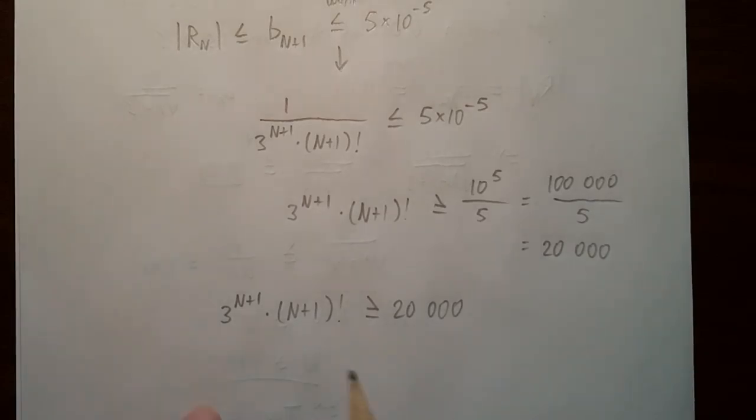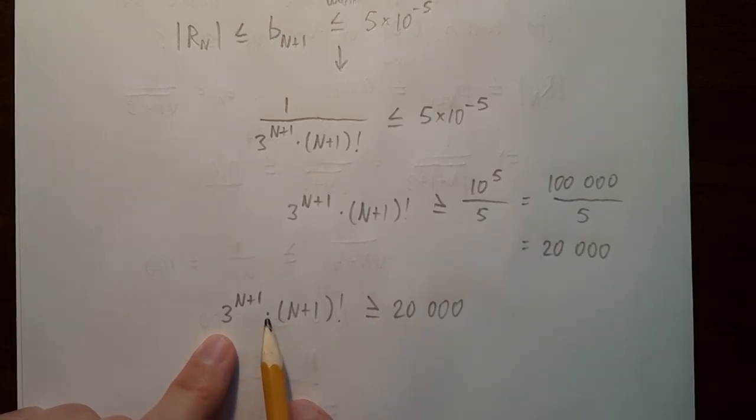The reason why is because this left-hand side is an exponential multiplied by a factorial. Both of these are extremely fast-growing functions, so the left-hand side is going to grow extremely quickly as n increases. It shouldn't take very many n's before we cross the 20,000 threshold.